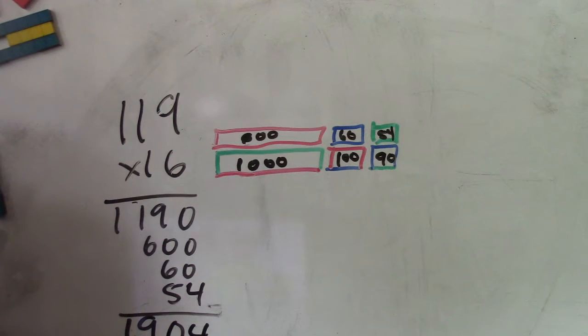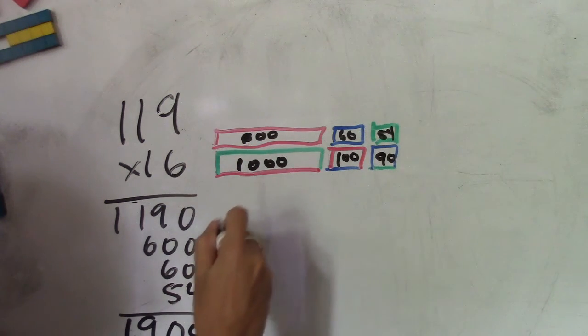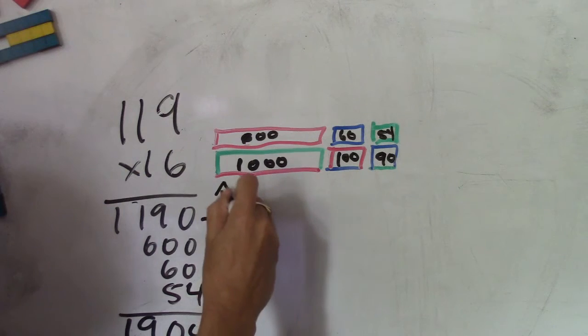Punch it. 16 times 19. I did 16 times 119, and you were right. Of course. I'm not surprised. But this is why multiplication. Look, here it is. This right here is that right there.